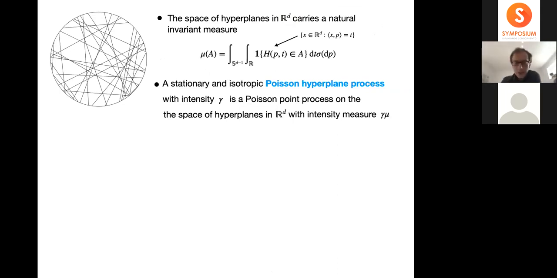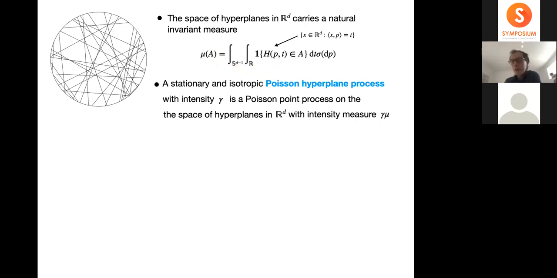The space of hyperplanes in Rd, which we identify with this tangent space, carries a very natural invariant measure. It can be described as follows. If you have a set of hyperplanes A, you parameterize hyperplanes by unit normal vector and distance to the origin. The unit normal vector is P here, a point on the sphere.